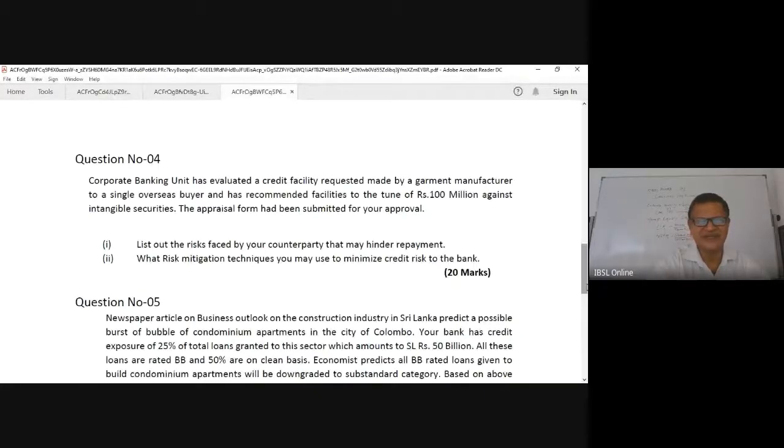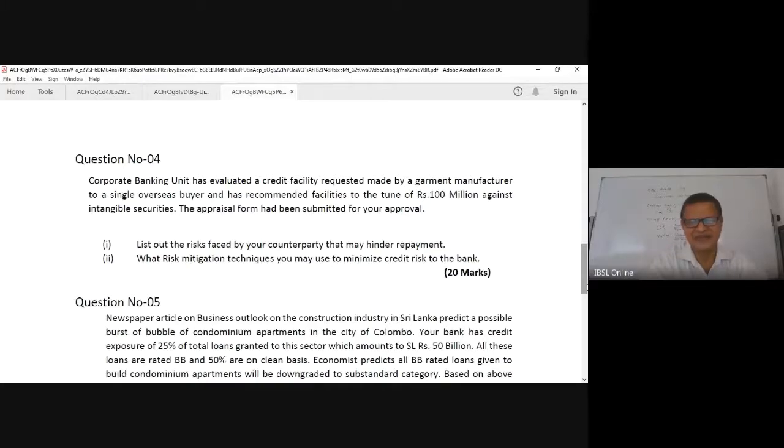So this is once again a credit area. A loan has been requested by a garment manufacturer. He's a corporate client, so he's a large type of client. Here they have mentioned the industry he is in is garment manufacturing, but for the export market.